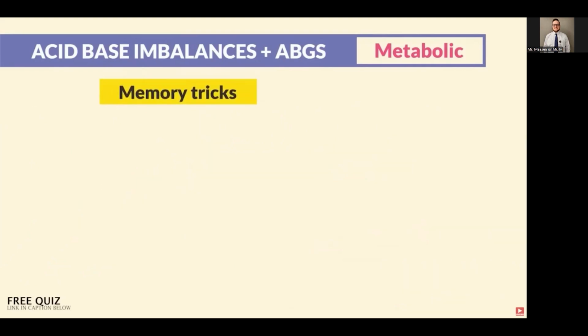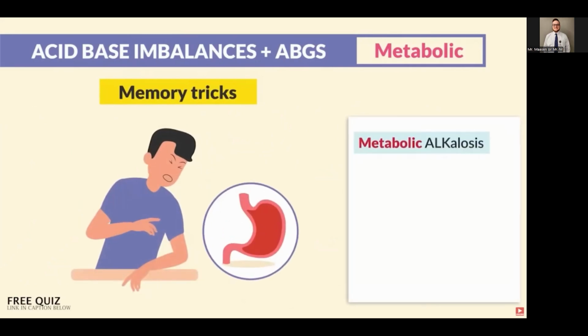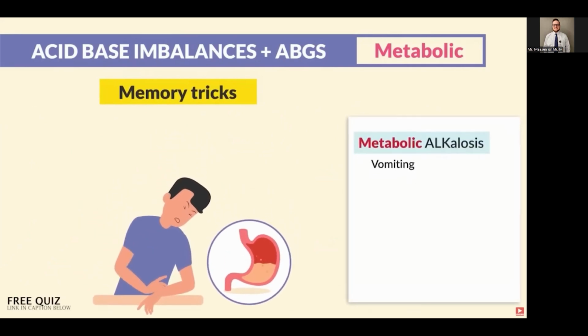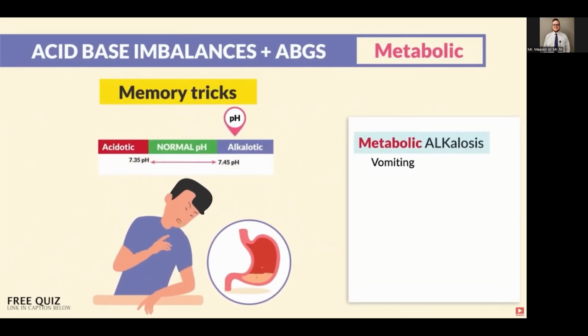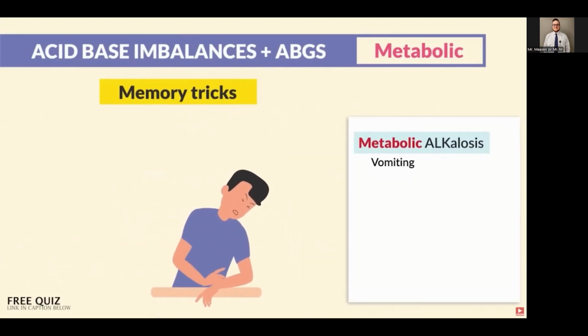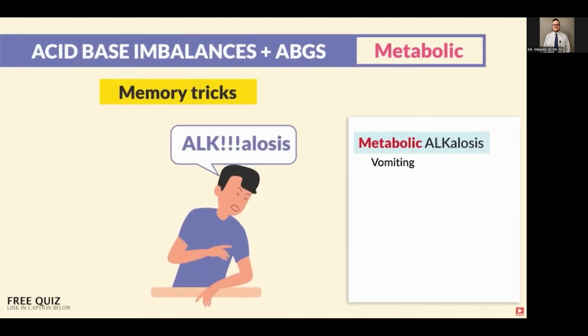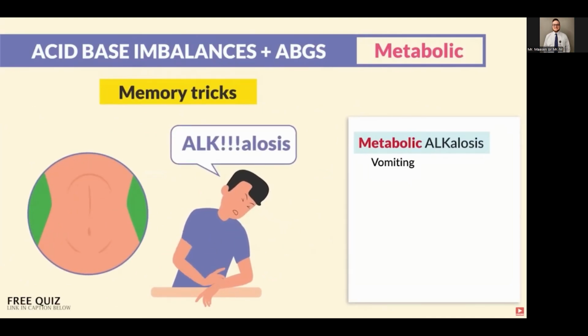Okay, now our memory tricks are really fun here, so pay close attention. With metabolic alkalosis, we vomit out all that acid, leaving us in a base or alkalotic state. So just think alkalosis. It kind of sounds like you're throwing up with alkalosis. And you hold your stomach region, indicating that metabolic area with alkalosis.